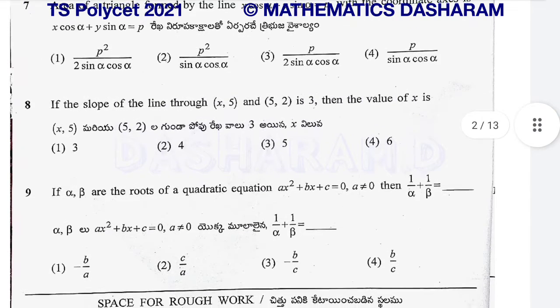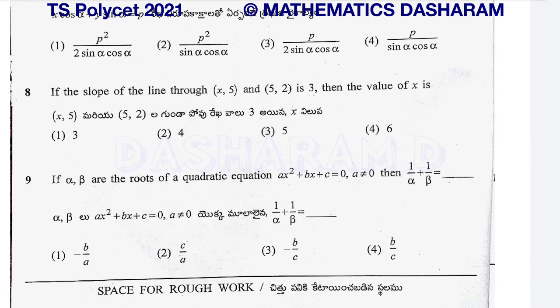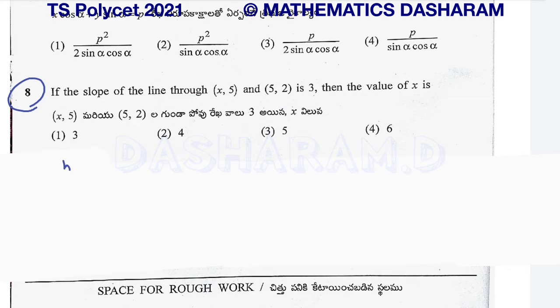So next, the 8th question. If the slope of the line through x comma 5 and 5 comma 2 is 3, then the value of x is. So actually the slope formula is y2 minus y1 divided by x2 minus x1.